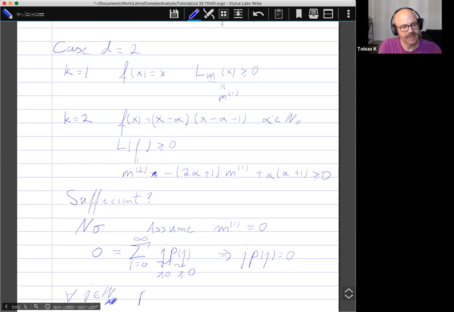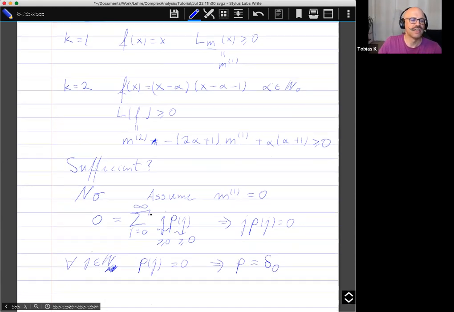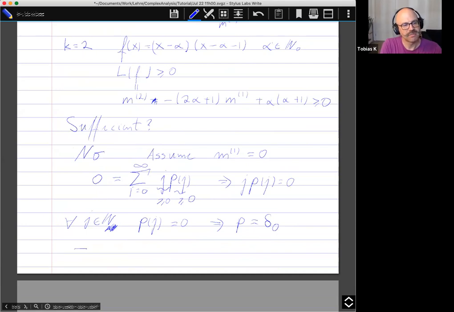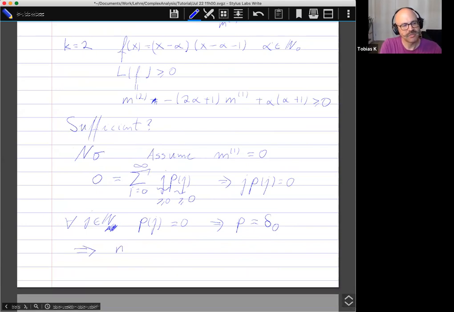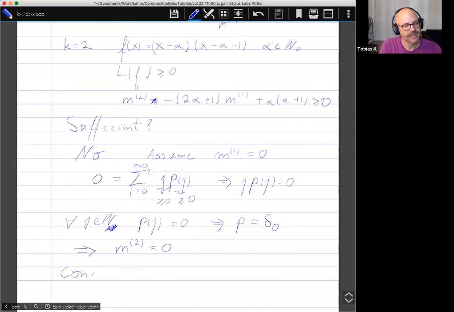I have then that p of j is equal to 0. So this implies that p is the probability concentrated at 0, and in particular M2 has to be equal to 0. So we get an extra condition: M1 equal to 0 implies M2 equal to 0.